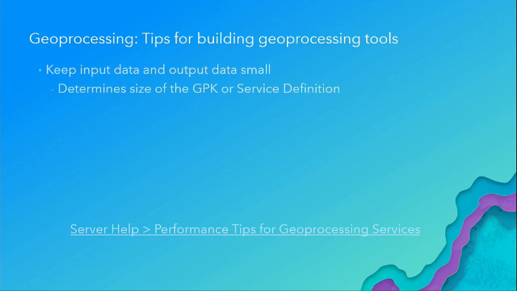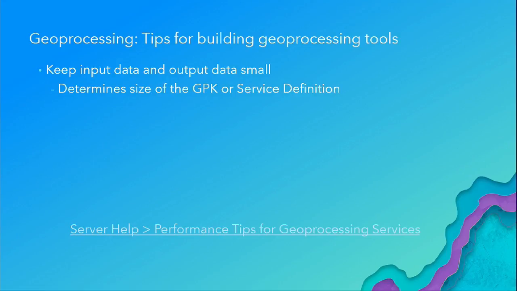So let's look at some tips then. I've mentioned a couple of times that when you're running that processing in the desktop environment, the result contains the input data, the project data, and the output data as well. And that's what gets bundled into the service definition that gets uploaded to your enterprise server or gets included within that GPK file.